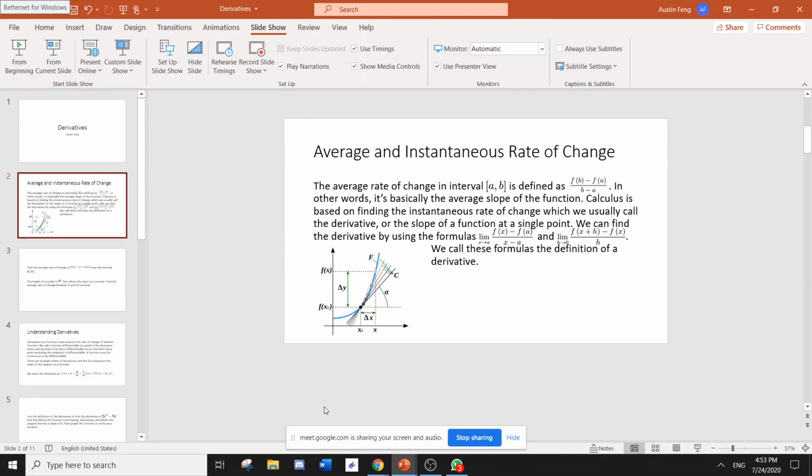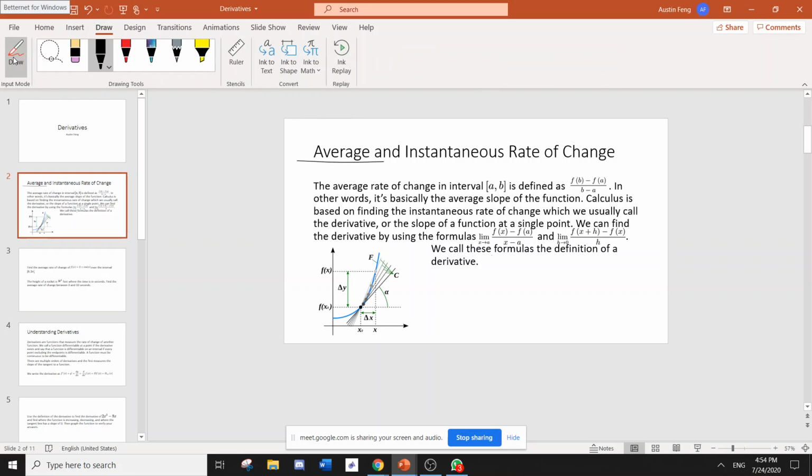So derivatives are basically the foundation of calculus. Everything in calculus requires derivatives or antiderivatives. To understand derivatives, we first need to understand average rate of change.